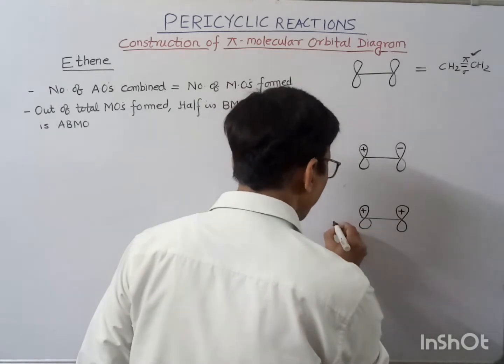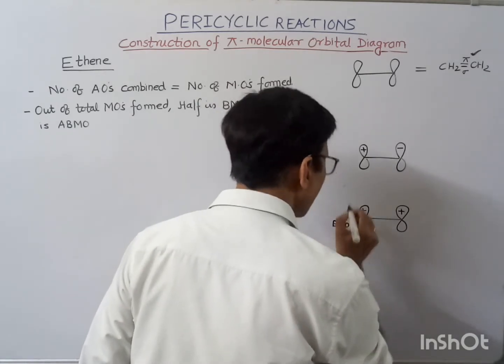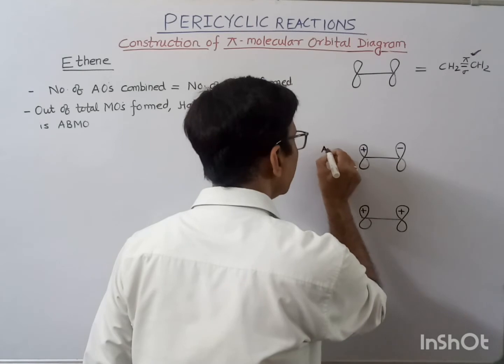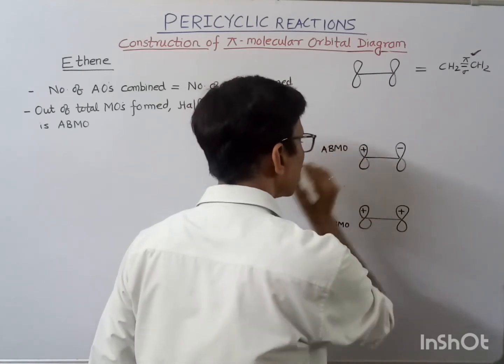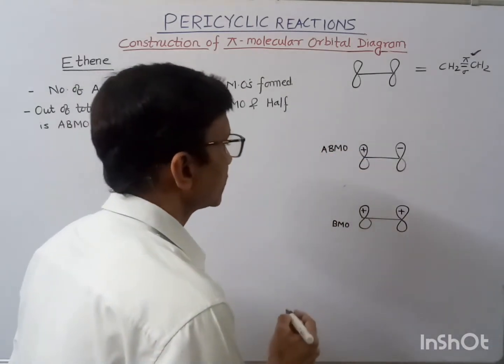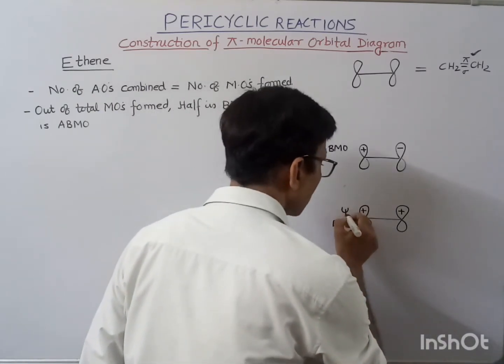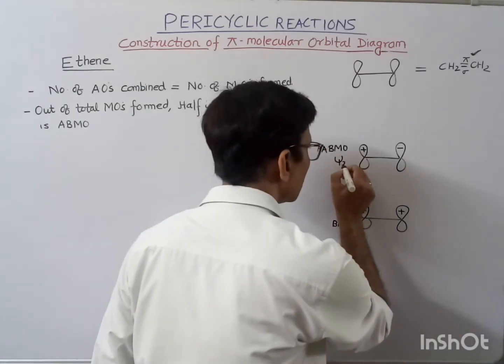So this is your bonding molecular orbital, and this is our anti-bonding molecular orbital, and suppose we name it psi1, and this is your psi2.